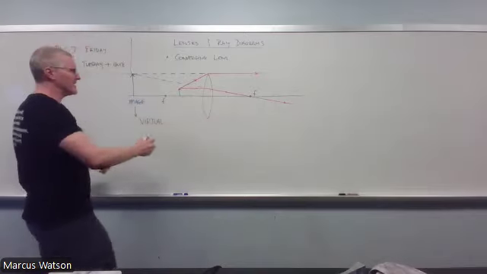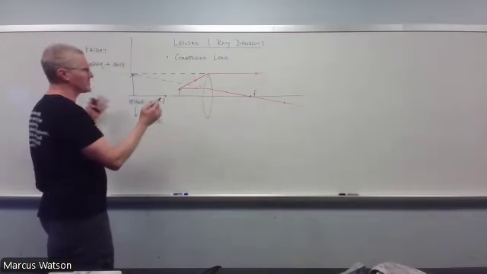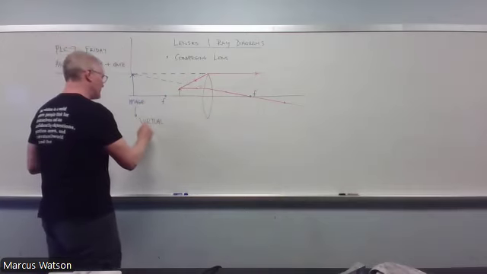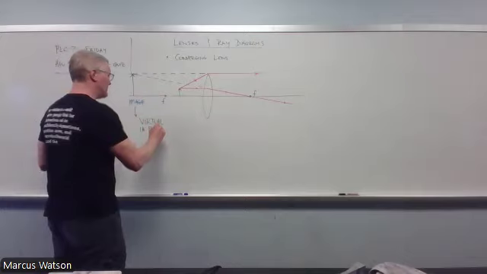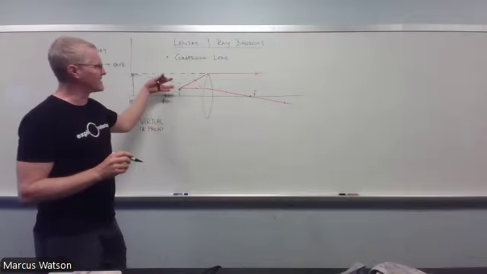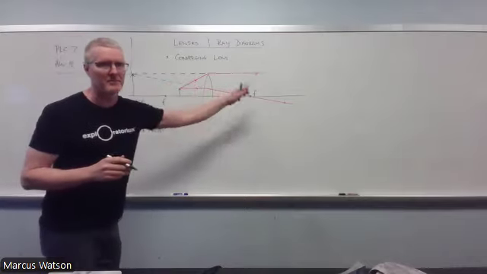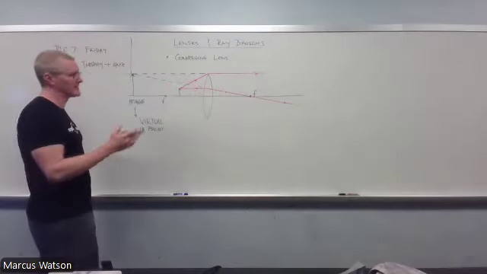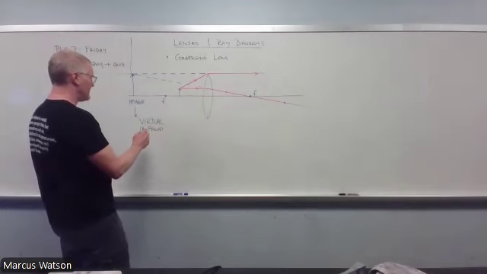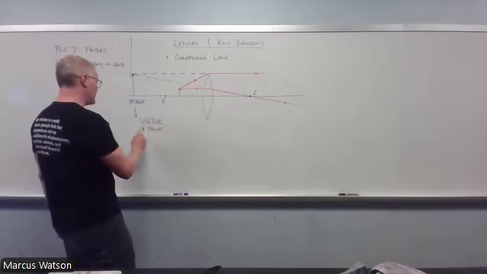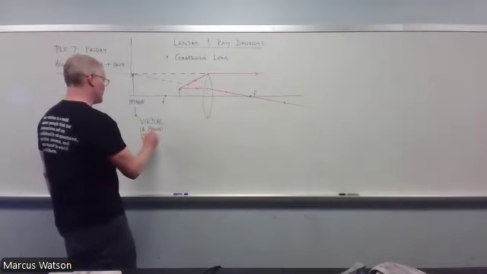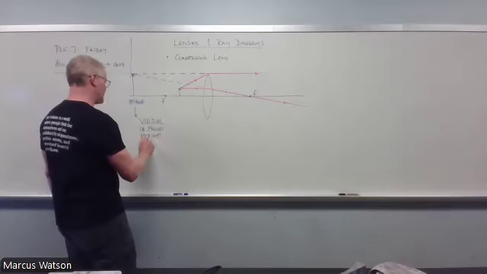Whatever you might like to think of, we'll say it's in front of the lens. Being that the light is coming from this side, we'll call this the front side, and then this would be the rear, the back side. It is magnified and it is upright, so we'll go upright first, magnified second.